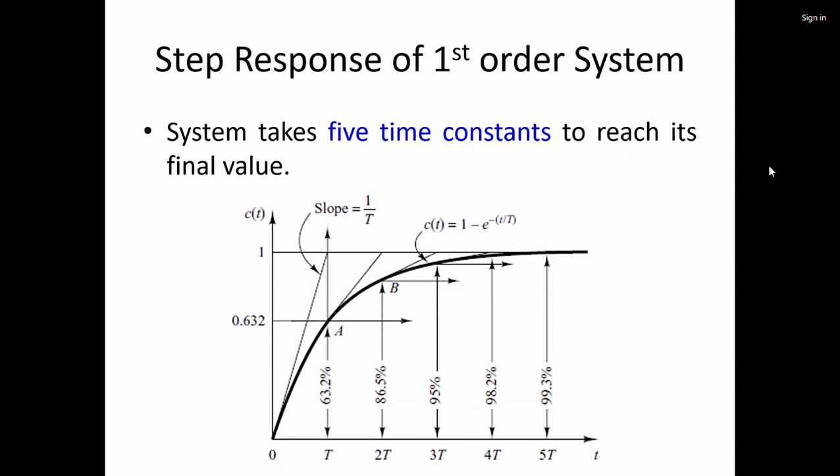What does it mean for real application? Let's say you are measuring temperature using a thermocouple. You are measuring some temperature, let's say 40 degrees centigrade. Let's say your heat flux changed and your surface temperature changed to 45 degrees centigrade.